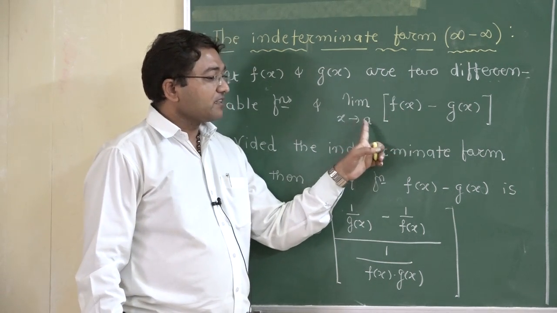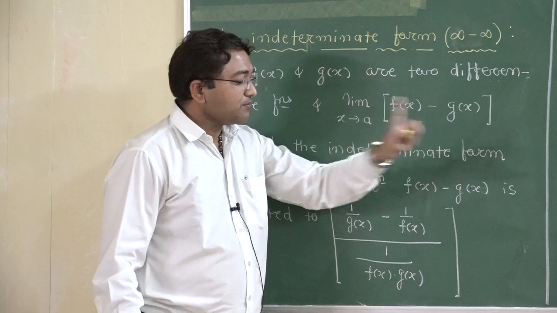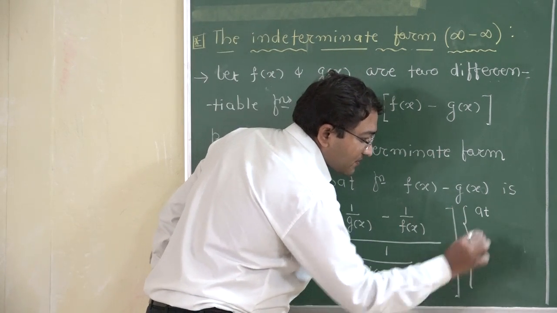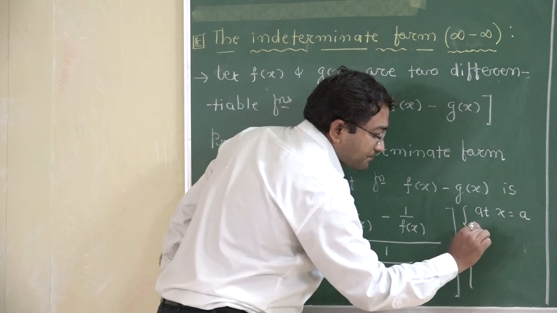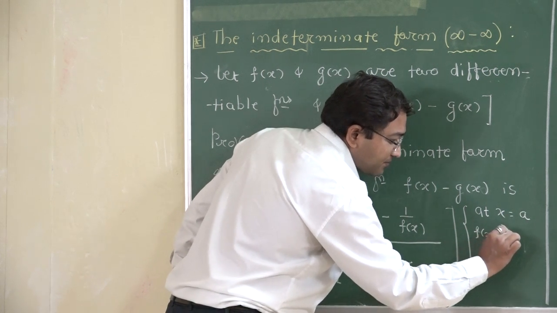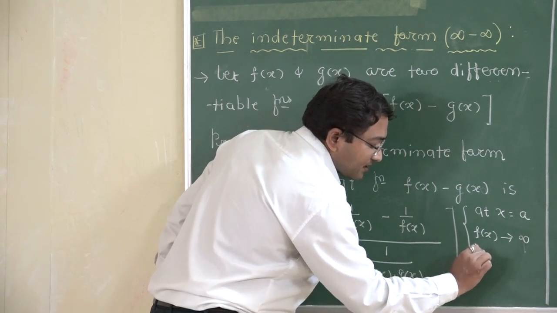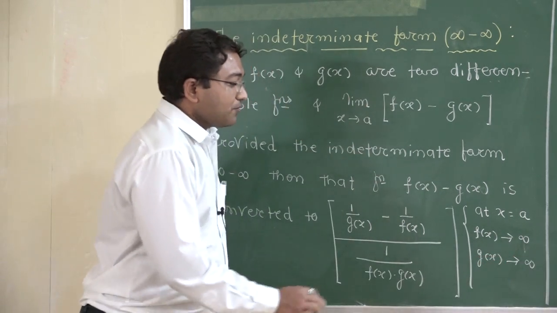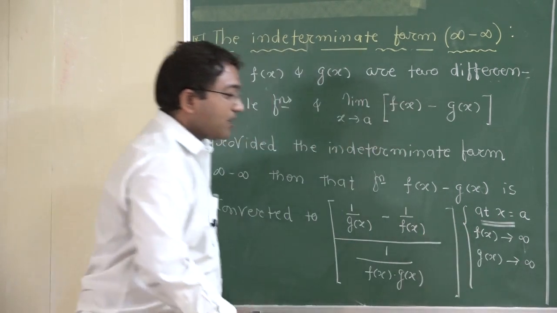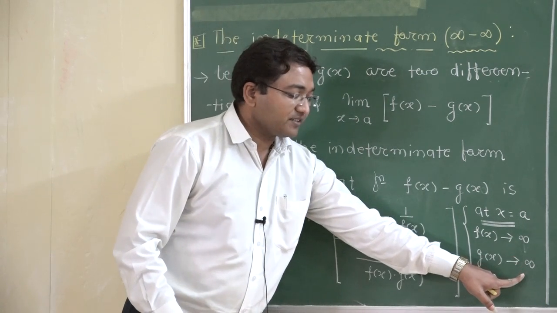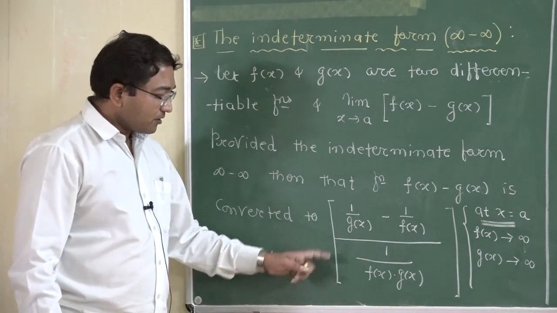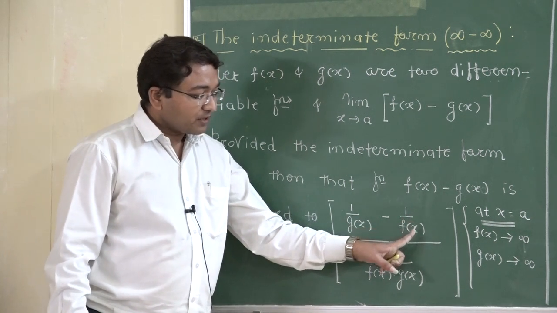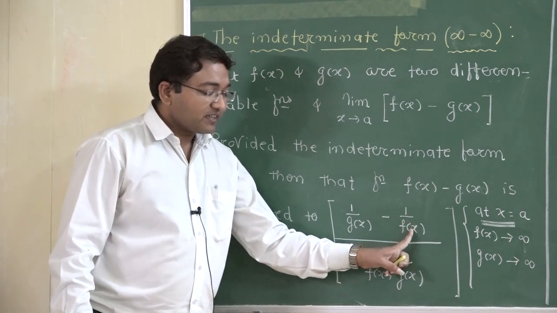Similarly, at the point x equal to a, g of x also becomes infinite. So, when we substitute x equal to a, f of x is infinite and g of x is also infinite. Here observe that 1 upon infinite is 0, again 1 upon infinite is 0, 0 minus 0 is 0.